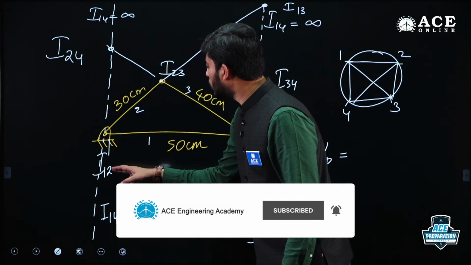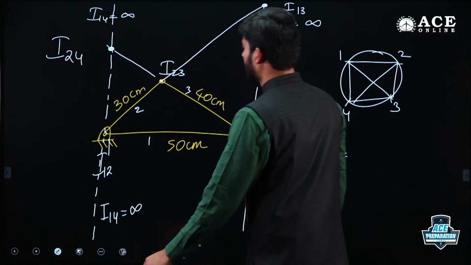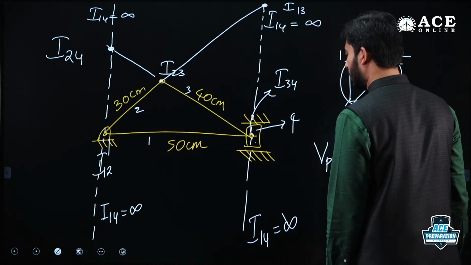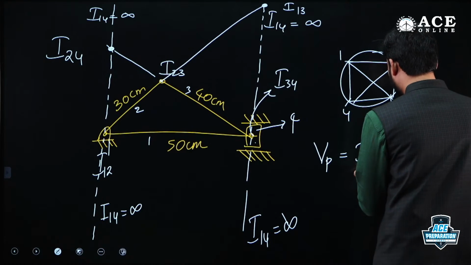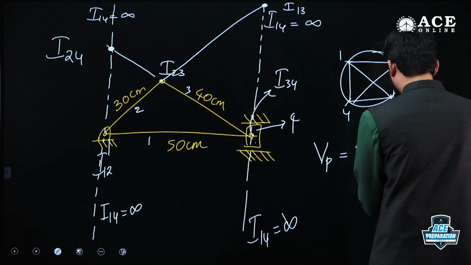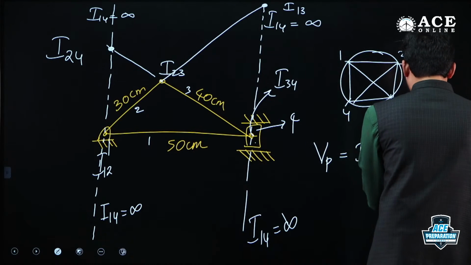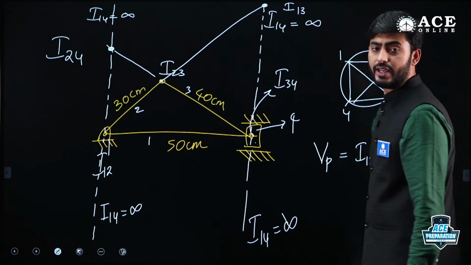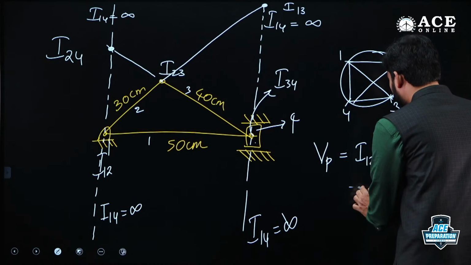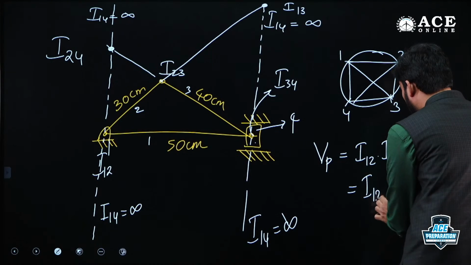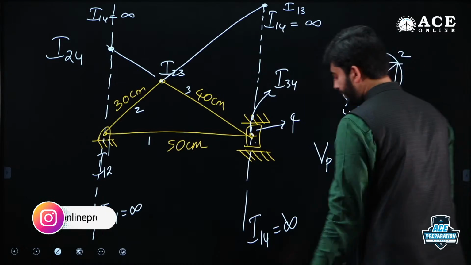Velocity of piston is equal to I12 I14 omega 4, which is equal to I12 I24 omega 2, guys.